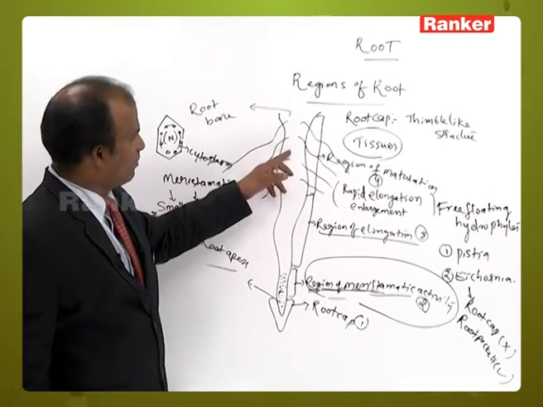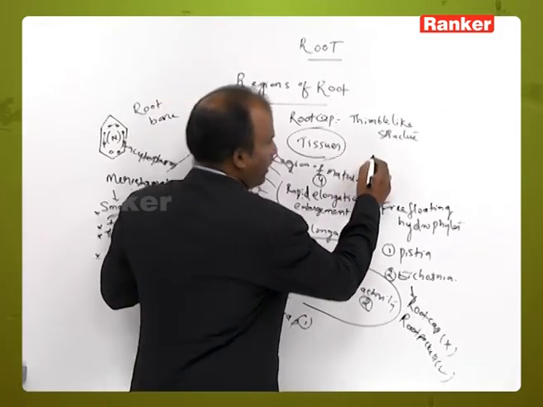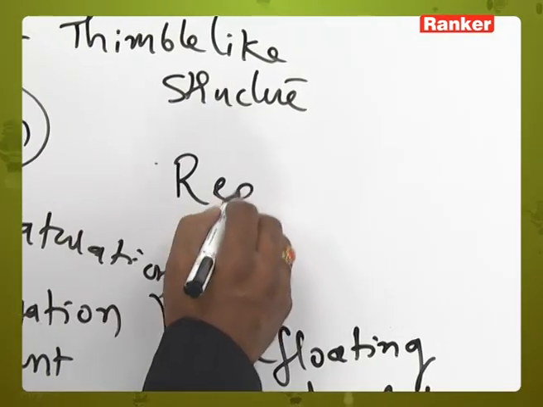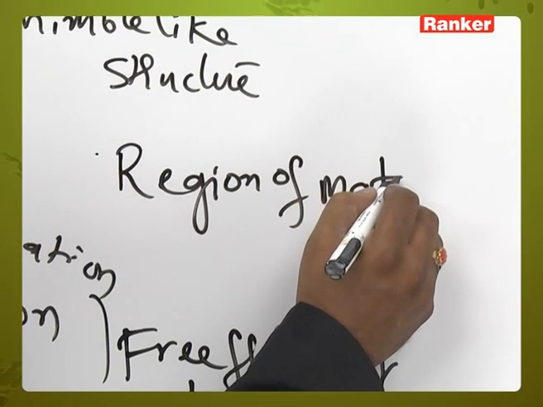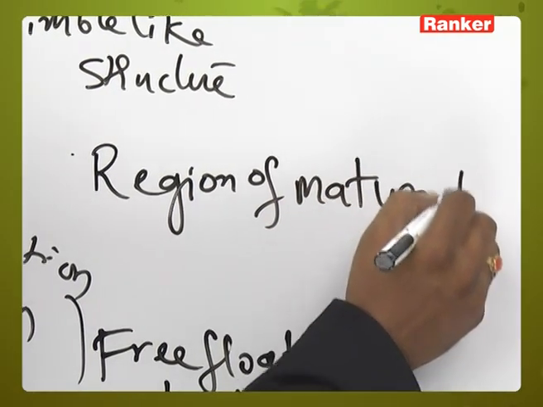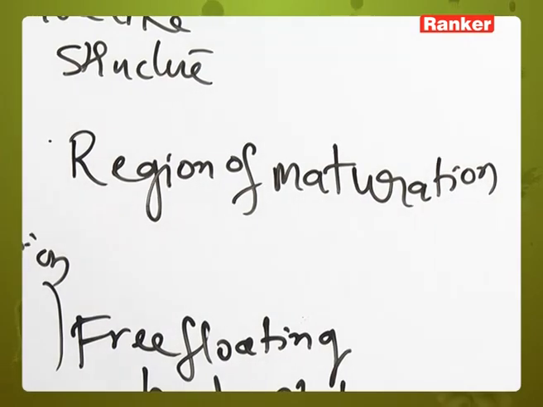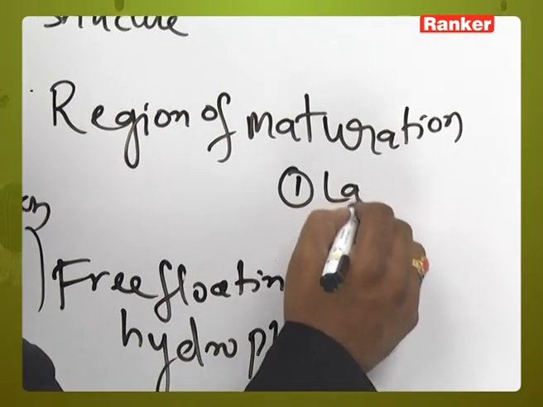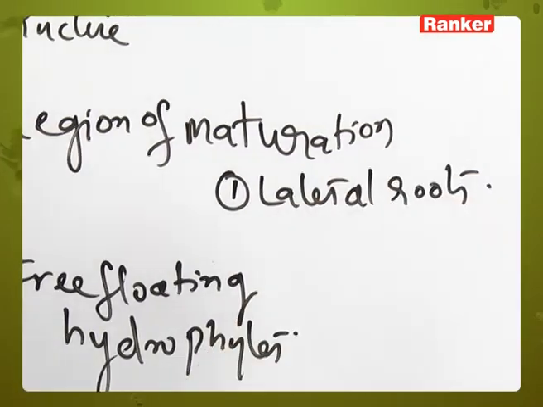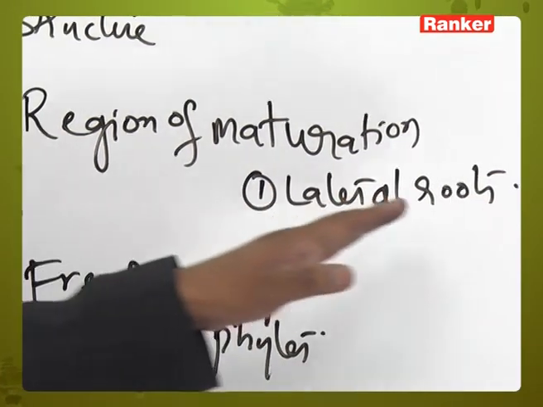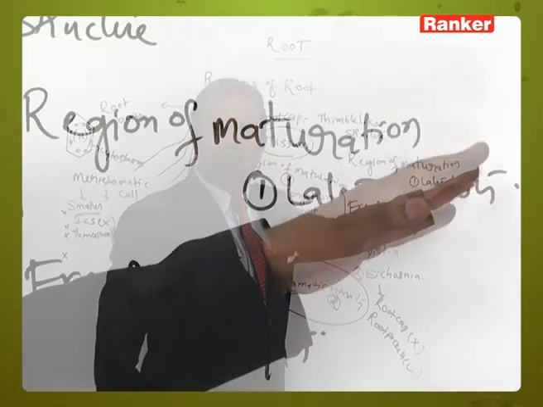The region of maturation shows lateral roots. Lateral roots originate from the region of maturation. Are lateral roots unicellular or multicellular?